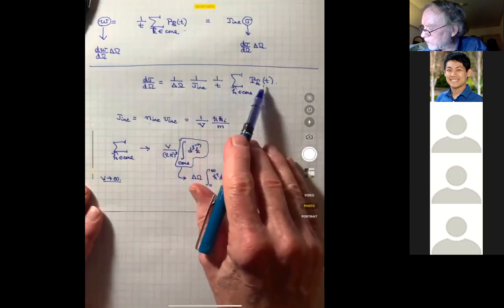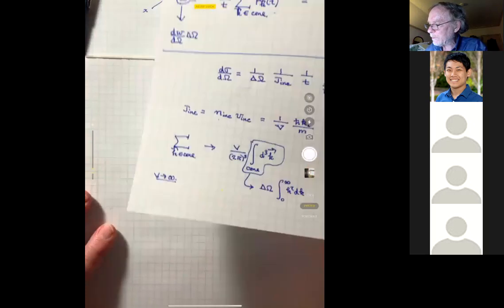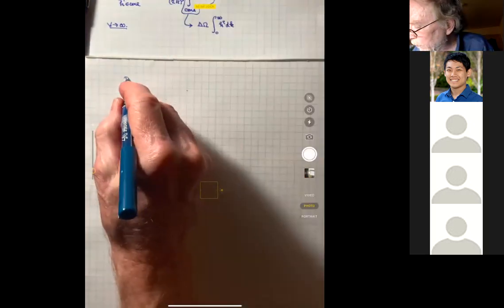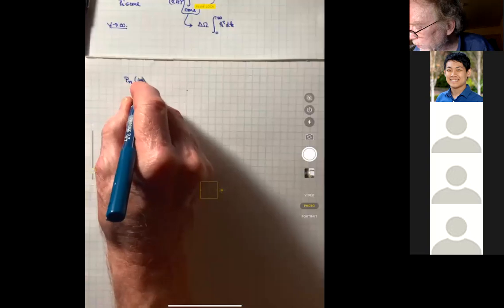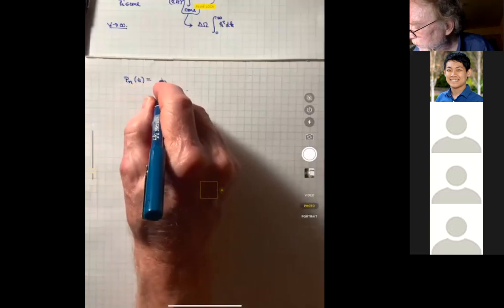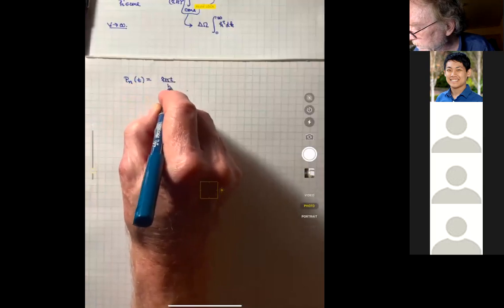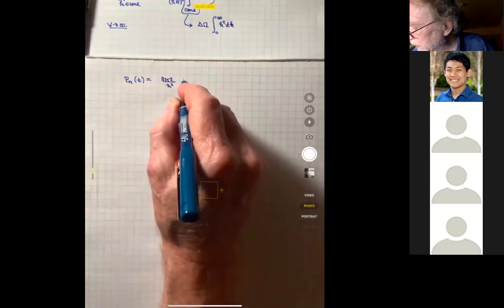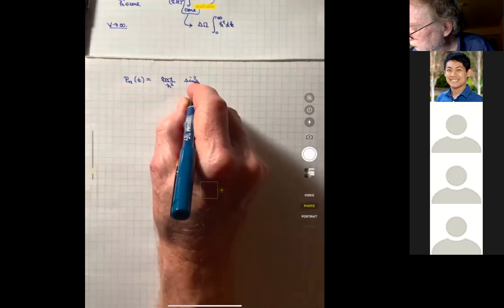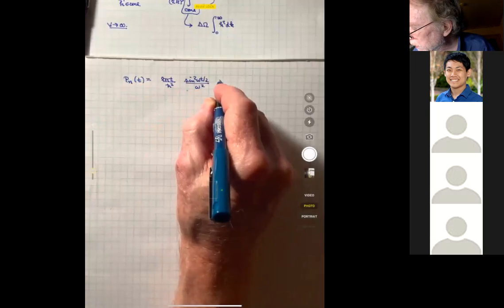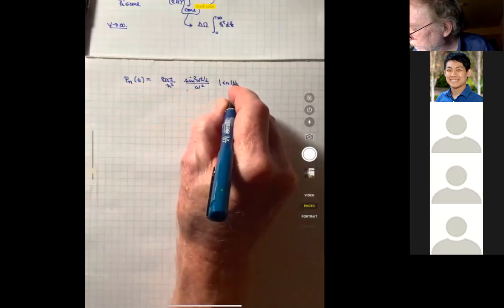Now, what about the transition probability? Let's work on that. The formula in the general notation, to remind you, was that Pn of t was equal to 2 pi t over h bar squared times this sine squared omega t over 2 over omega squared times the square of the matrix element.